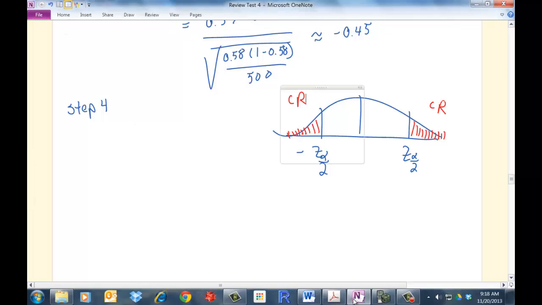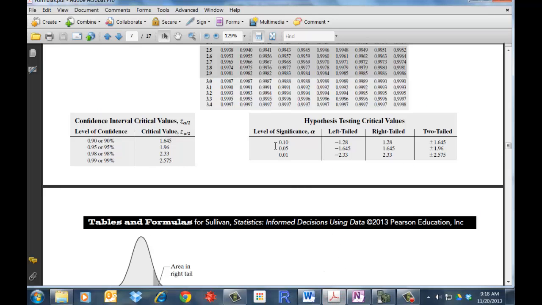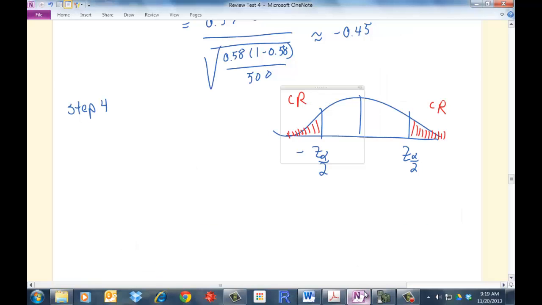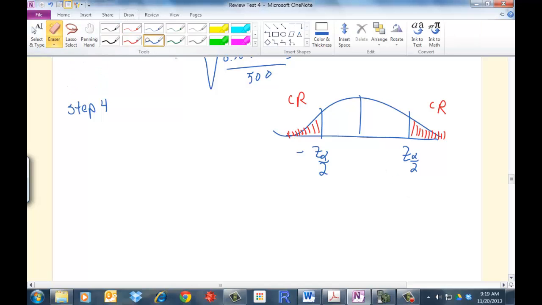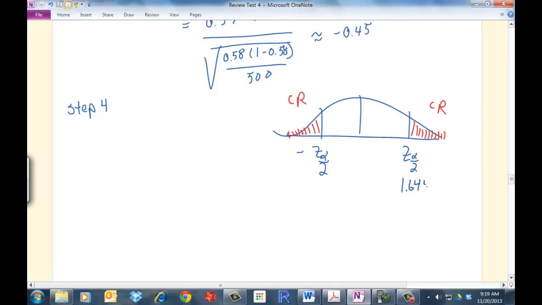So let's go over here to table 5 and look at the 0.1 level of significance, which is right here, and we're dealing with a two-tailed test. So these are the critical values: 1.645, and this is minus 1.645.